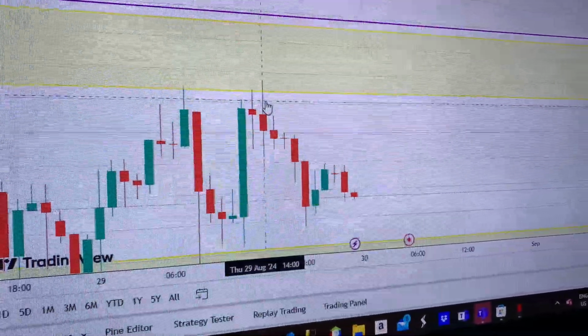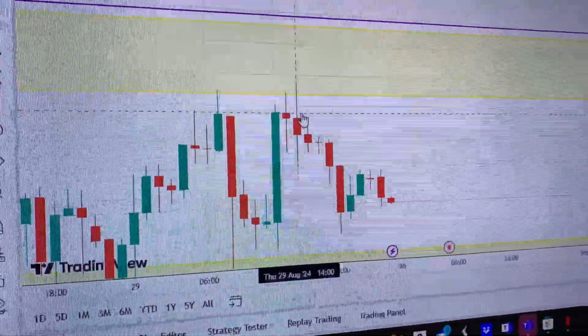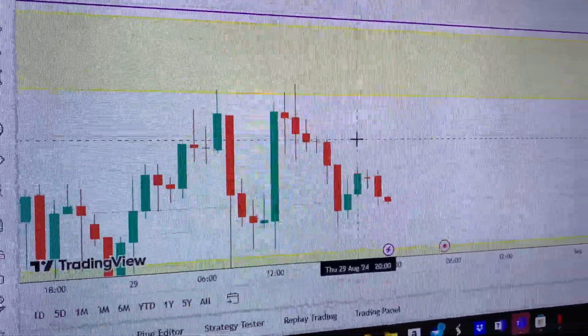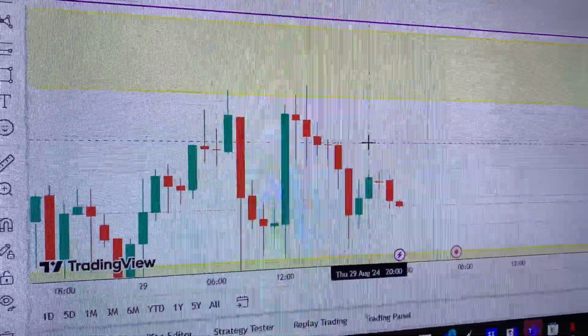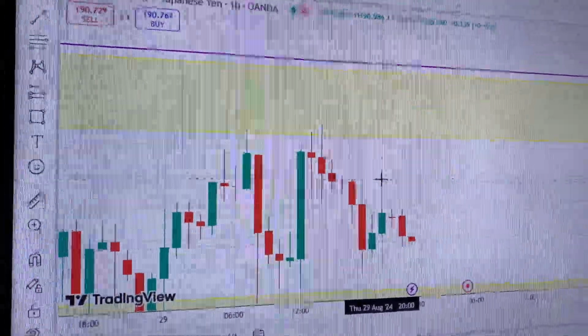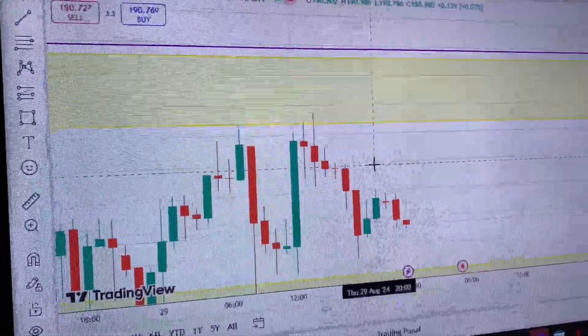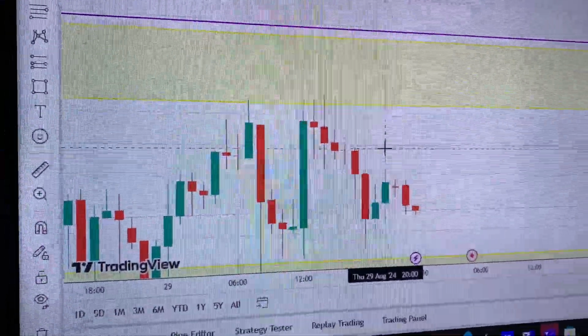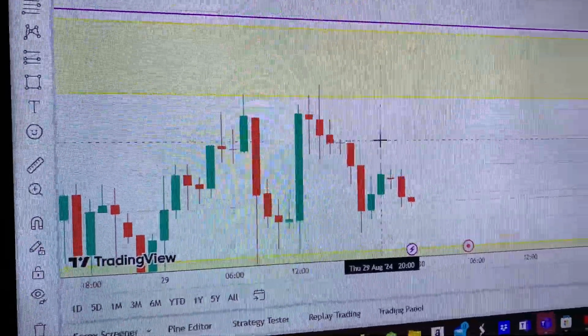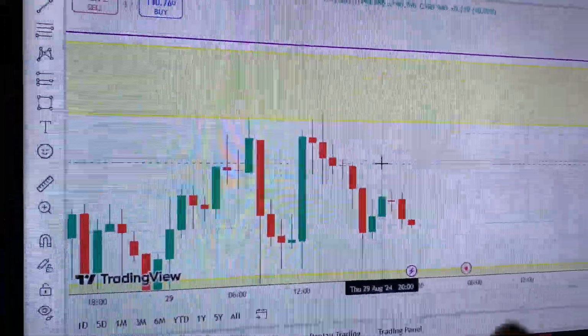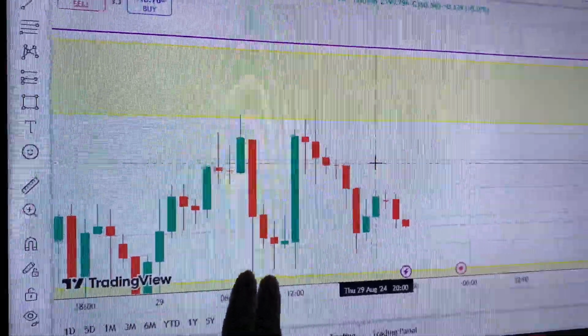So I had a second confirmation, and my third confirmation was based on the economic news, the economic news of British pounds. This is the British pound and Japanese yen pair. The yen is actually weak at the moment, and the pound is a bit shaky, so price action is working here.